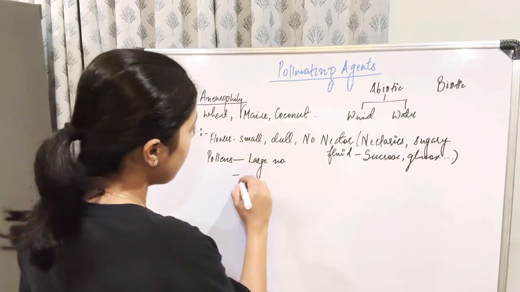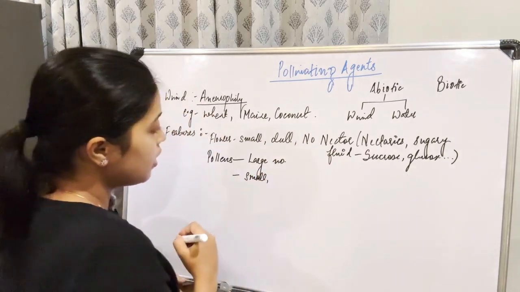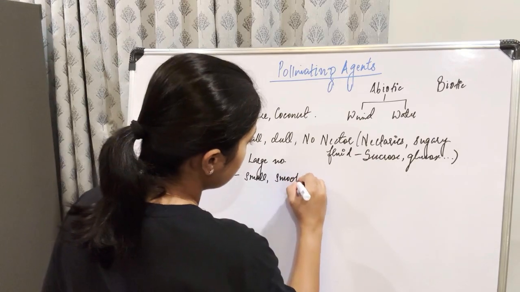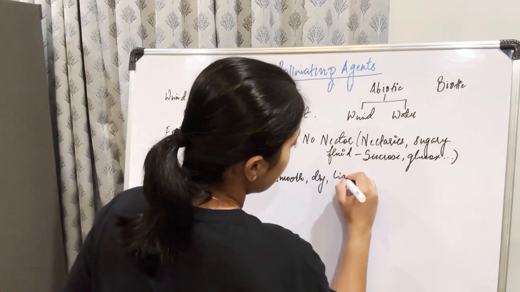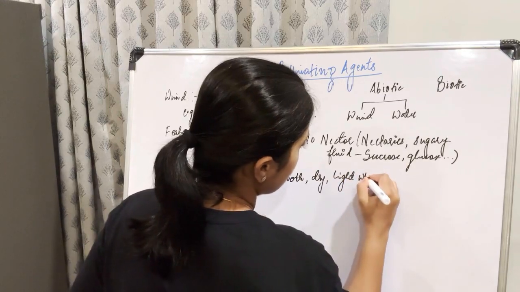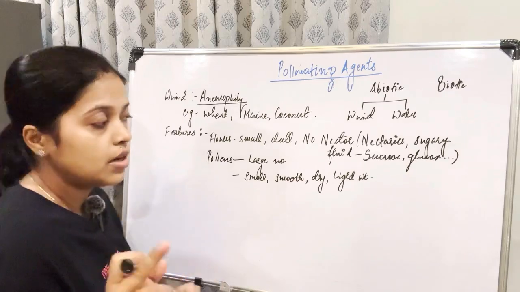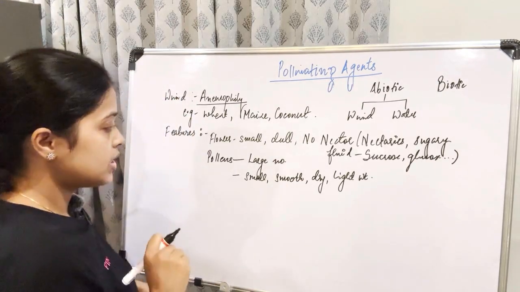Here the pollen grains are small, they are smooth, they are dry and they are lightweight. Because the carrier here is the wind, they are always dry, smooth and lightweight.